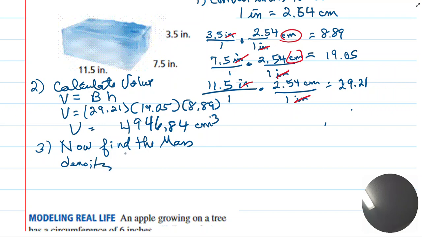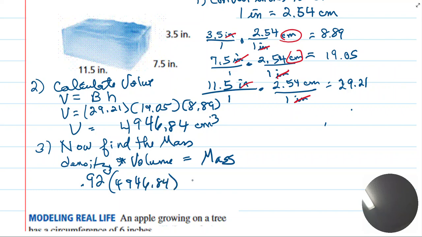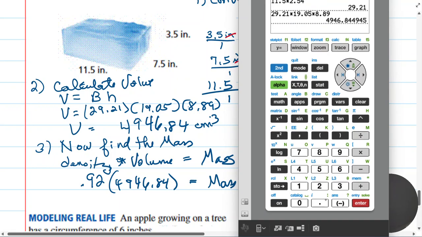So this is 0.92, and we're multiplying by 4946.84, which should give us the mass. Now it's calculator time. 0.92 times 4946.84, and I get, and we're going to just use the whole number and label grams because that's what it was in. Questions?